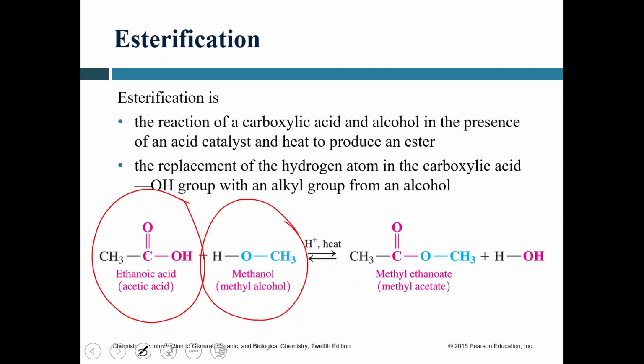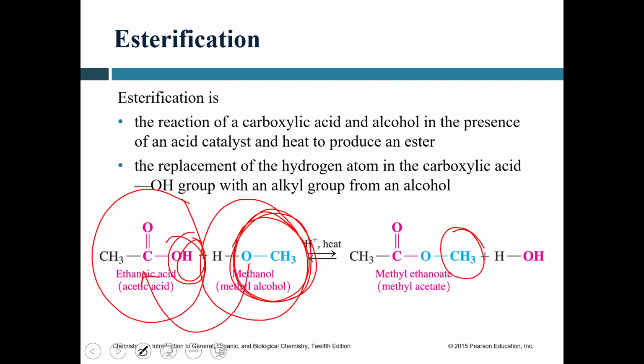So what essentially happens is the hydrogen atom in the hydroxyl group of the carboxylic acid is replaced by an alkyl group of an alcohol. As a matter of fact, this whole fragment, OCH3, oxygen attacks carbon and kicks out OH here.